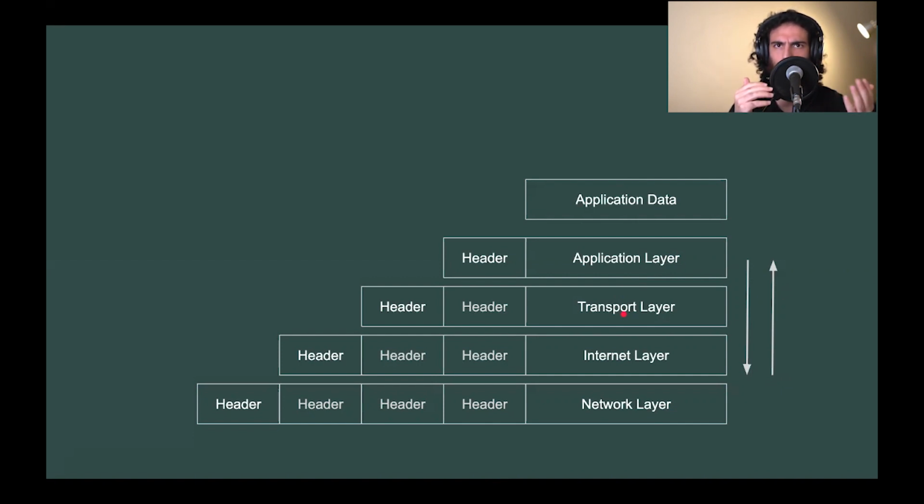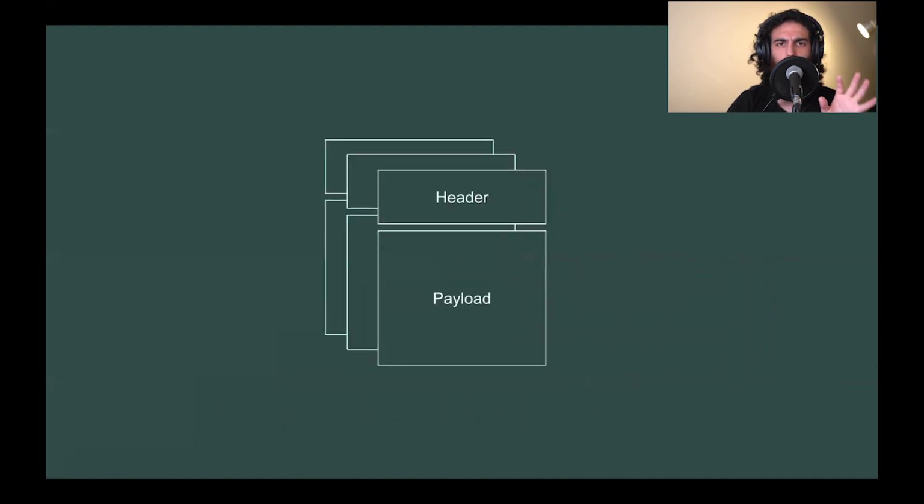See, everything on the internet, every connection, every piece of data that is sent or received is done in the form of packets. It looks something like this. Every piece of data, video, image, audio message, tweet, goes into something we call a packet. And a packet has two components: a header and the payload.